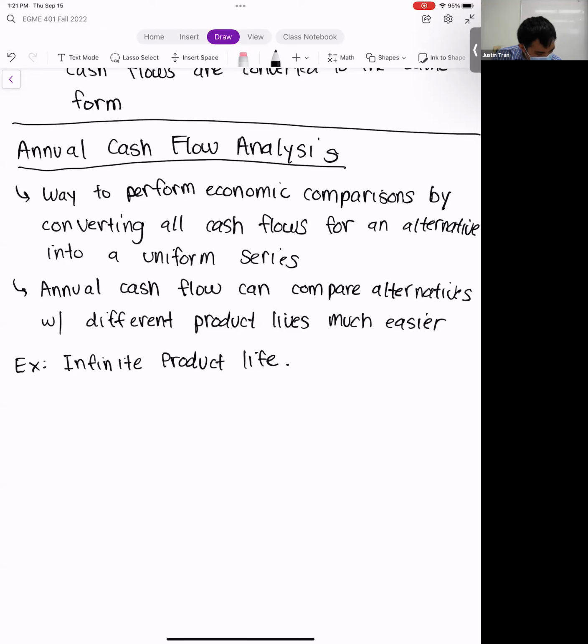Okay, and so let's consider 2 options. Let's consider an expansion to some of the piping in LA County.